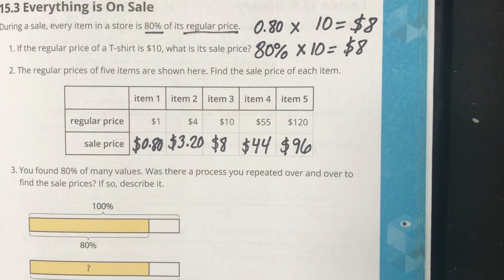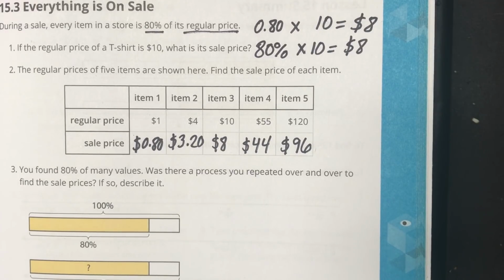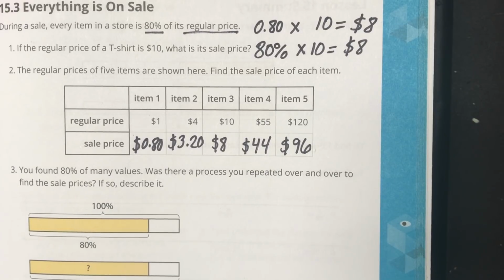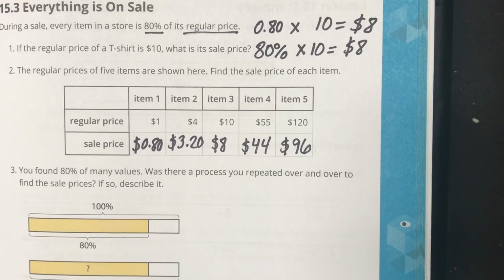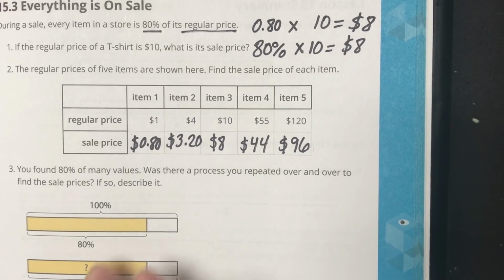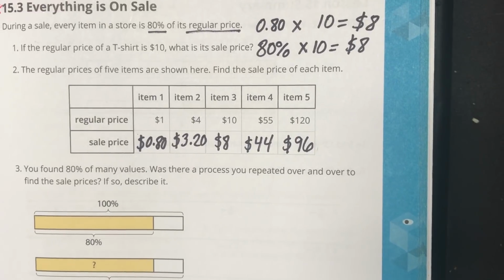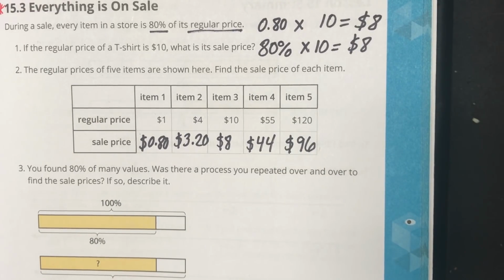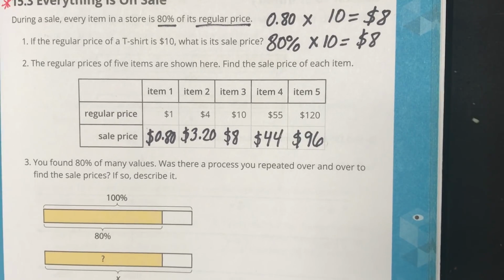So we knew that all you really had to do was to multiply the number times 80%. So multiplied by 80% or multiplied by the 0.8 decimal. So if you want to describe your process however you did it here, that's great. They used tape diagrams, we used proportions, we used multiplication, so whatever you would like to say here.